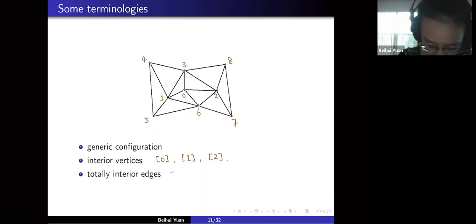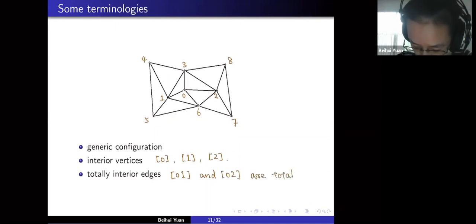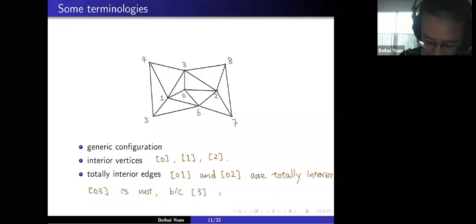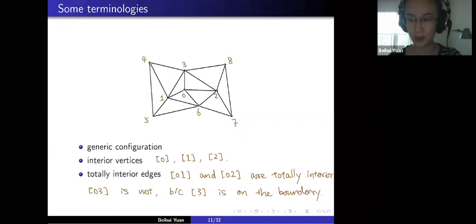In this case, 0,1 and 0,2 are totally interior, but 0,3 is not, because 3 is on the boundary. Okay, any question here?